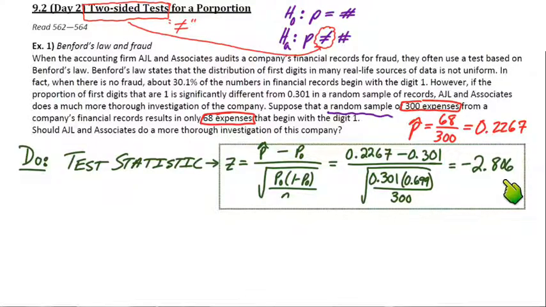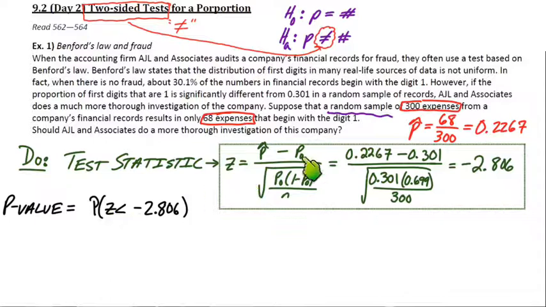And now we can use that to get our p-value. What's the probability we get sample data this extreme? What's the probability you would get a z-score at negative 2.806 or below, right? Because that's definitely a negative z-score. So we're pretty far away from 0.301. Now we can calculate the probability.